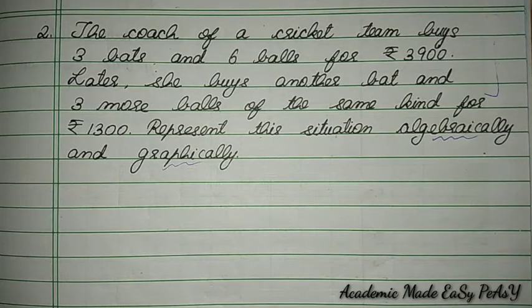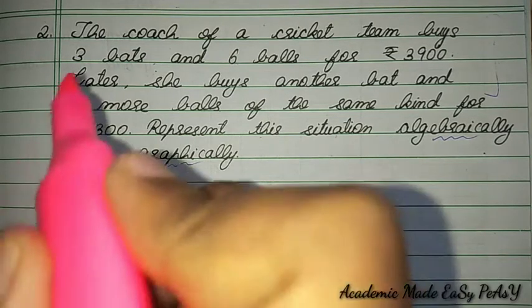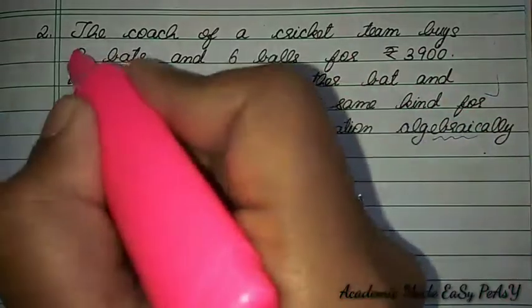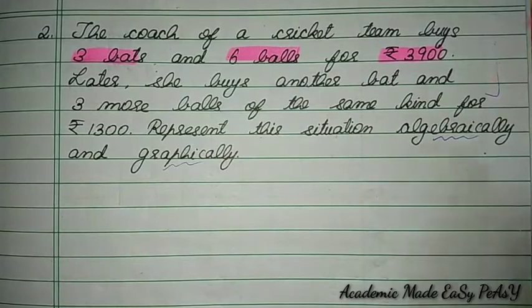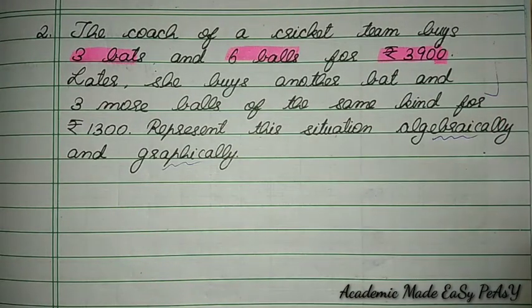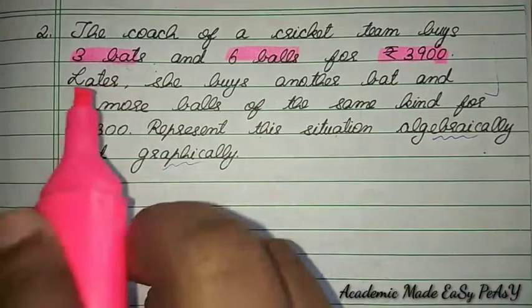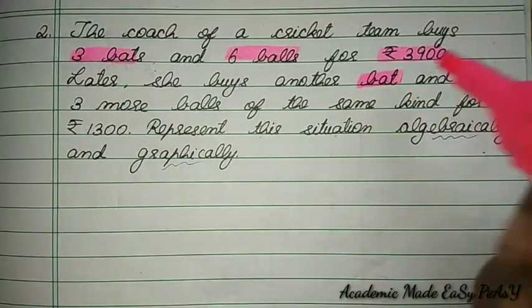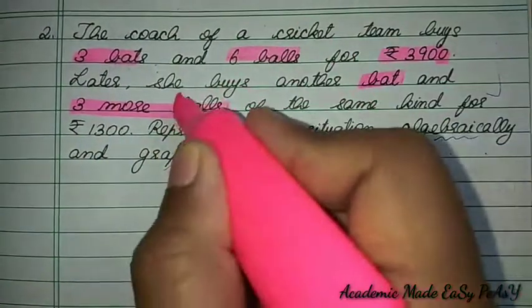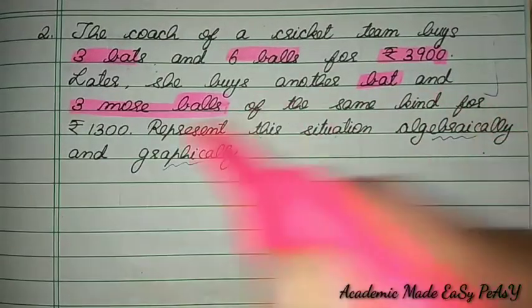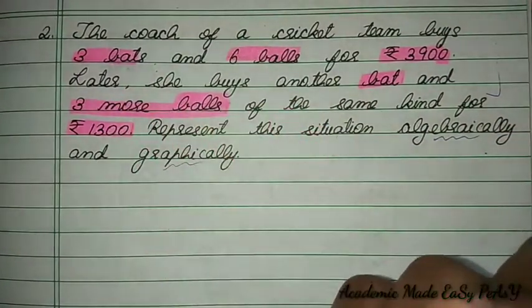Now, the second time when we read it, we have to mark the important points that are given. A coach of a cricket team buys 3 bats and 6 balls for rupees 3,900. This is the first part of the question. Next part of the question says that later she buys another bat, only one bat, and 3 more balls of the same kind for rupees 1,300.